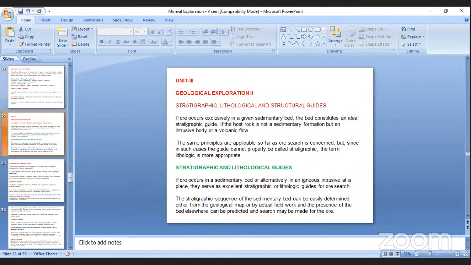And again, if we go into geological exploration for stage 2, the stratigraphical, lithological, and structural guides we may study.